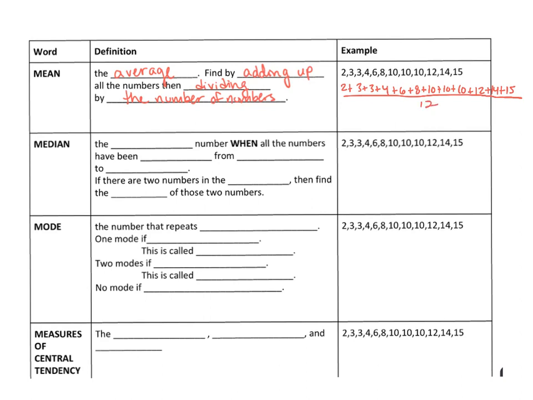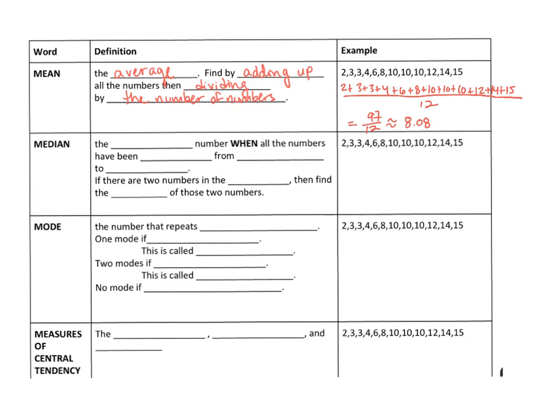There are 12 numbers altogether. When I add up all those numbers, I get 97. And 97 divided by 12 is about, I'm going to use squiggly equal signs because I'm approximating, 8.08. So that's my mean.